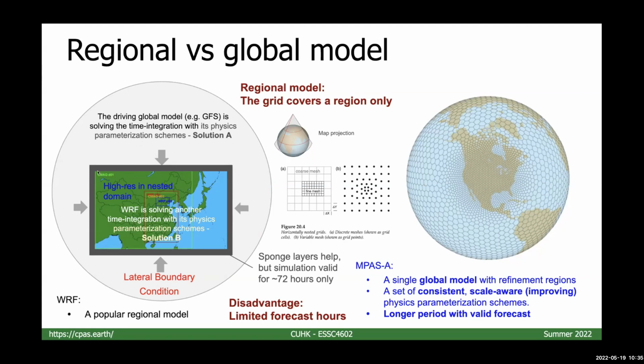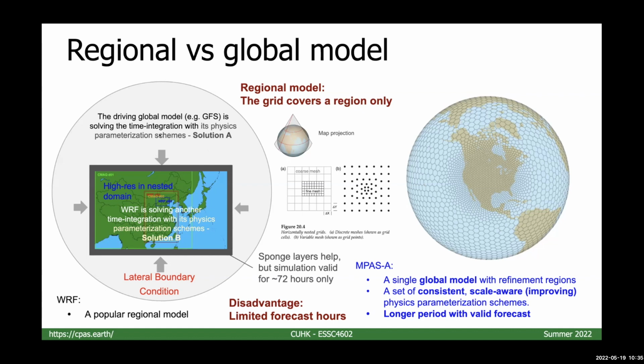Since the regional models simulate only a finite domain, there is a lateral boundary in this domain, like this thick square denoted in this figure. Outside, you actually need a driving global model to provide what we call the lateral boundary condition of this regional model.